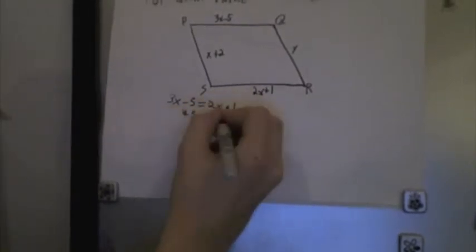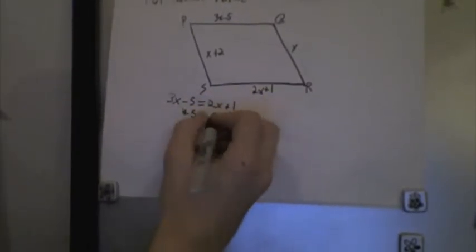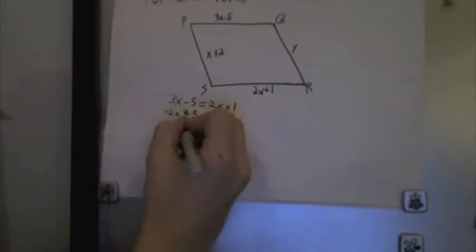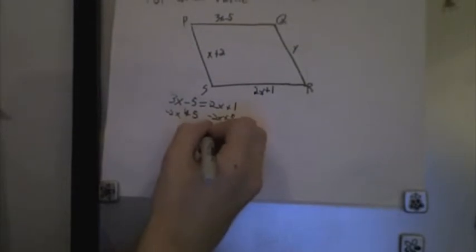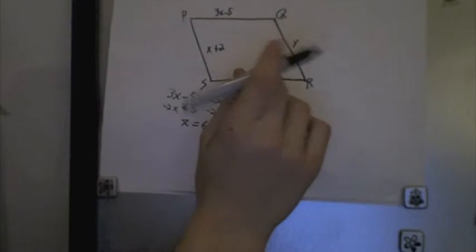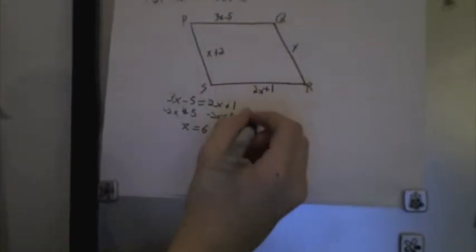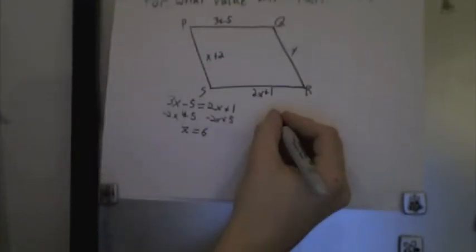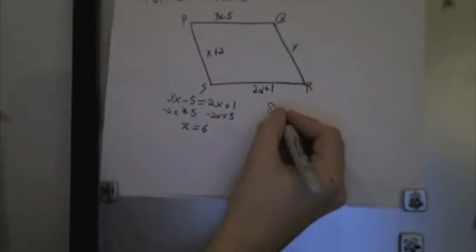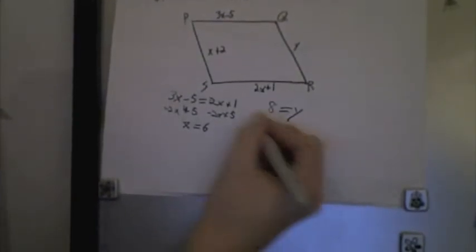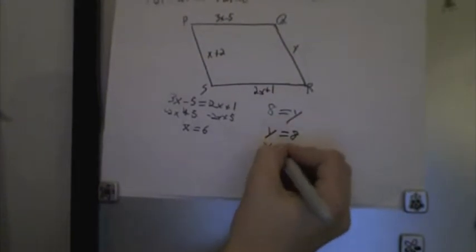Add 5 and subtract 2x, so you get x equals 6. Then you have to find y. You replace x with 6, so 6 plus 2, which is 8, equals y. So y equals 8, and x equals 6.